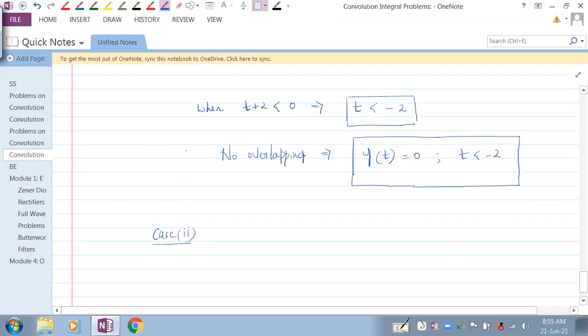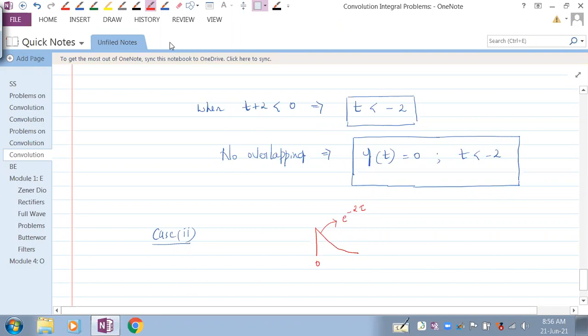Case 2, let me just give you that scenario with this graph. So this is again a signal, which is e power minus 2 tau, right?